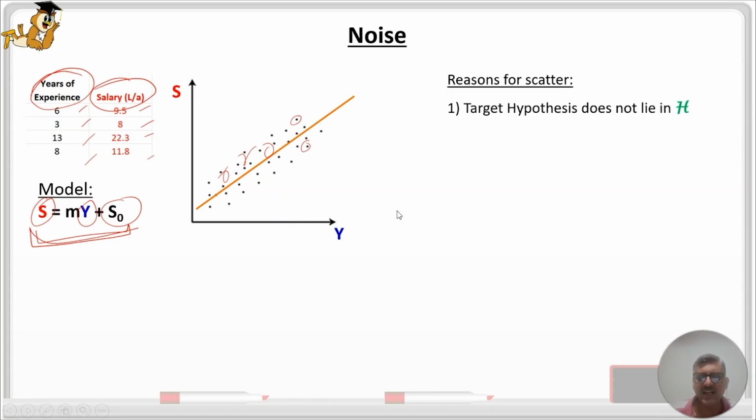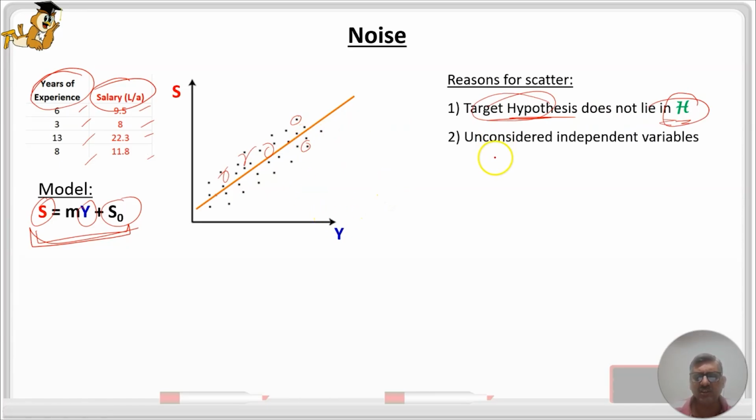The first reason is that our target hypothesis does not lie in H. In this particular situation, your hypothesis set was the set of all straight lines, linear equations, whereas your target hypothesis, which is the actual relationship between salary and years of experience, may not be linear to begin with. So the target hypothesis does not lie in H. That could be one reason for this scatter.